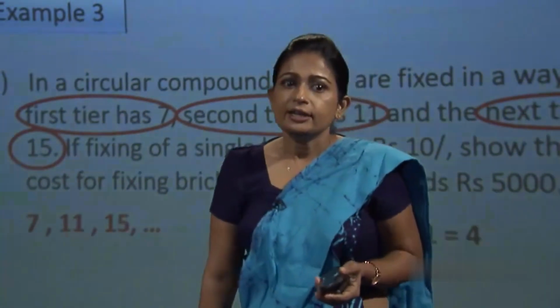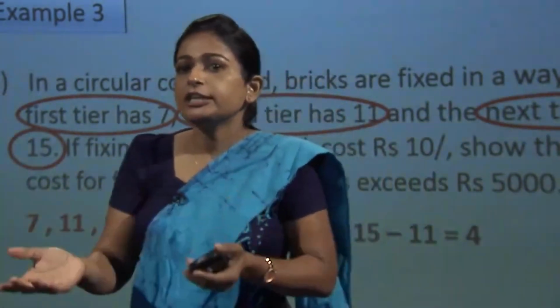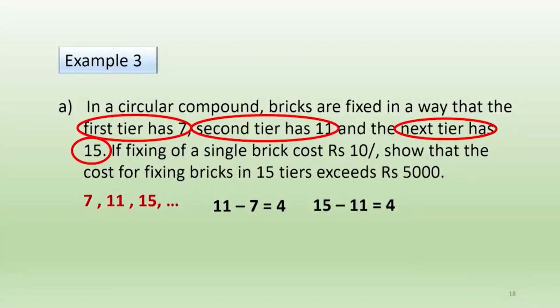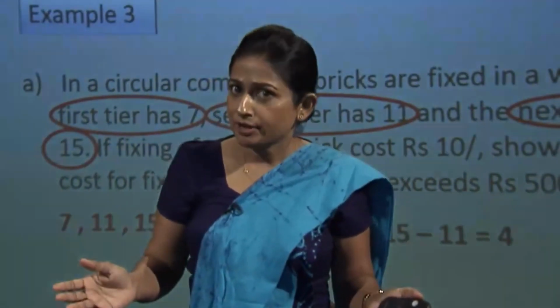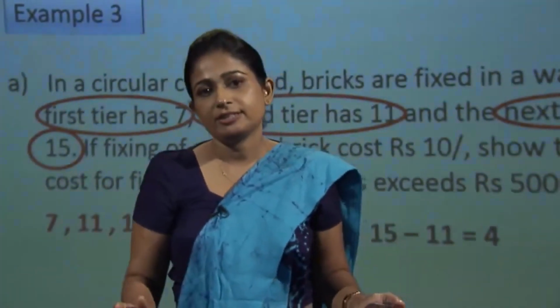The difference between them is 4. Both times I got 4 as the difference, so I can decide this number pattern has a common difference. Such number patterns can be defined as arithmetic progressions.